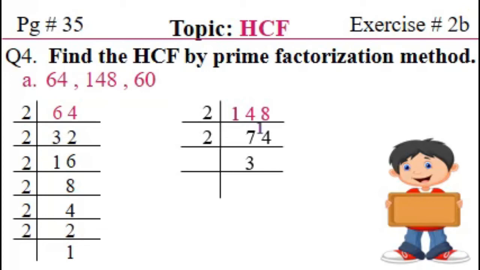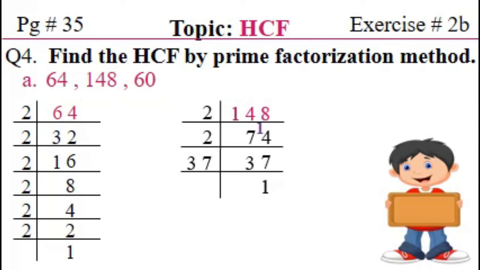So 2 times 7 is 14. 37 itself is a prime number and prime numbers have only 2 factors, right? 1 and the number itself. Therefore, we can divide 37 by itself. So 37 times 1 is 37.